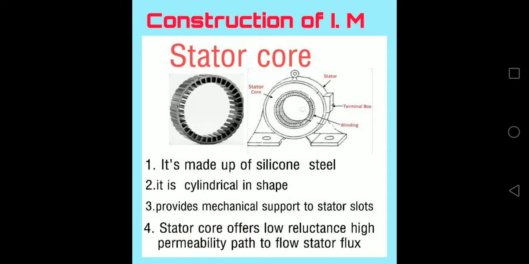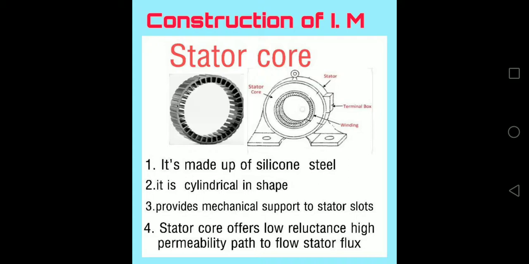Next, after the stator frame, there is the stator core. The stator core is the area meant to produce the rotating magnetic field, or to produce flux. So in the stator core only, the flux will be developed.